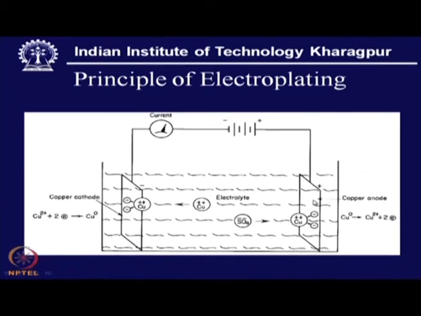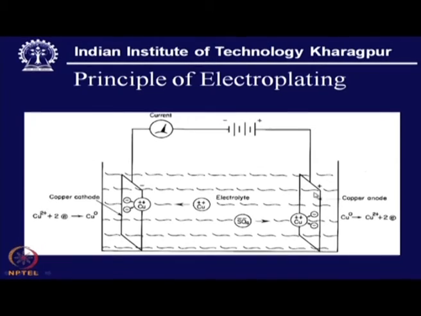This is the anode, made of copper, and here this is the cathode, which is also made of copper. Since we use this as the cathode, naturally we have to connect it to the negative side of the power supply. So, it becomes negatively polarized, and this one is positively polarized.